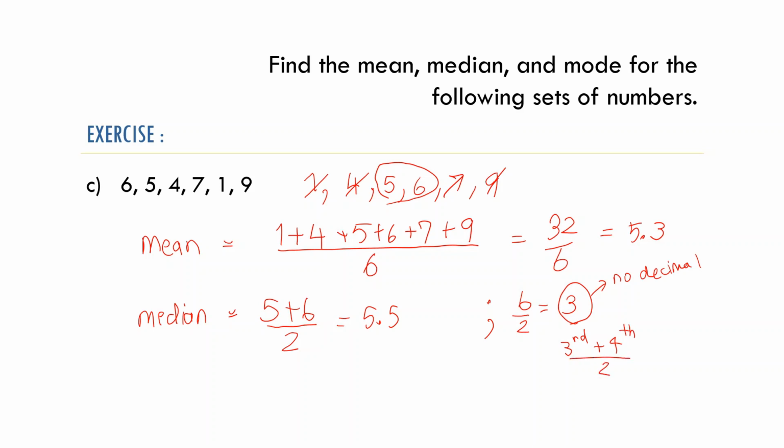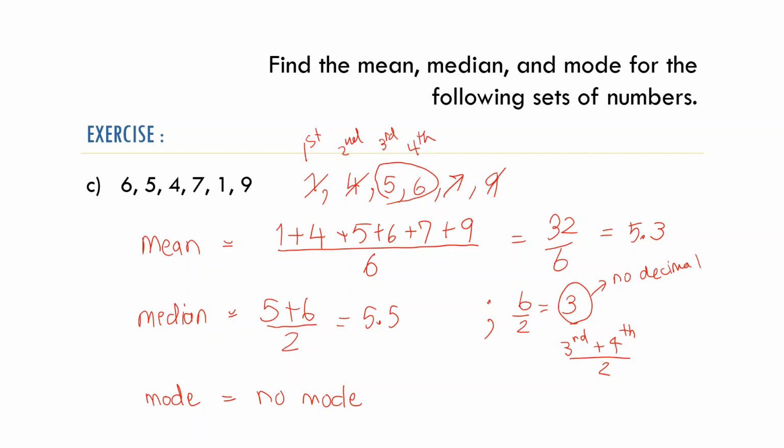So in this case, this is the first, second, third, and fourth. Okay, so same, we get 5 plus 6 divided by 2. And then mode, last one. So there is no mode because there is no number that occurs frequently.